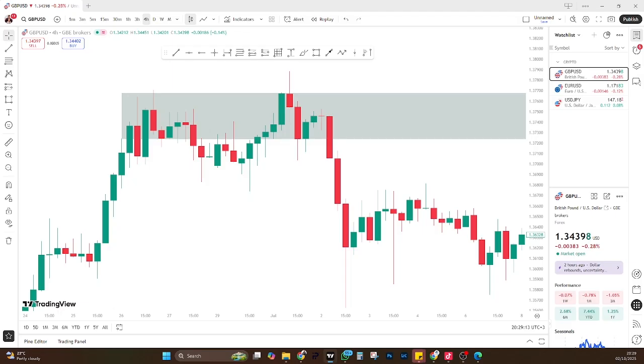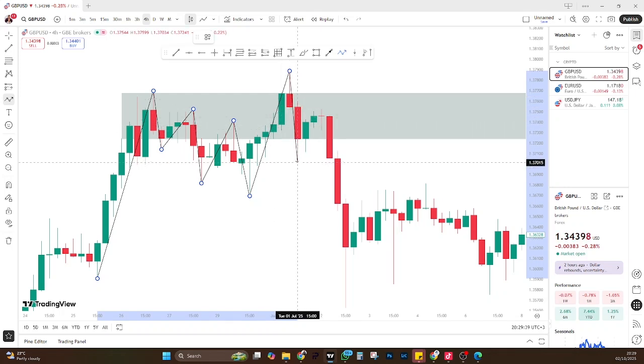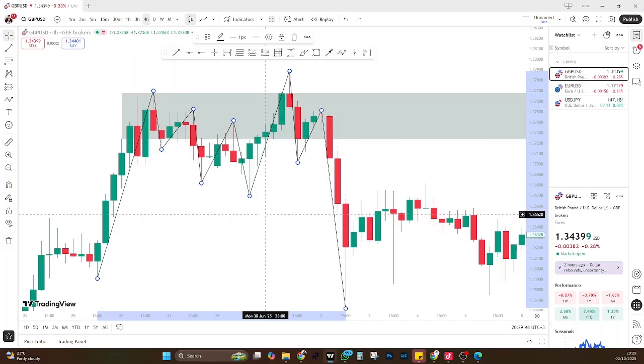So we are saying an order block must answer 3 questions. Number 1, it must break structure. If you look at this, this is what the market was doing: coming up, down, up, down, up, down, up. When it got to this place, it did not create a higher high here, so it sold from here and it broke structure.